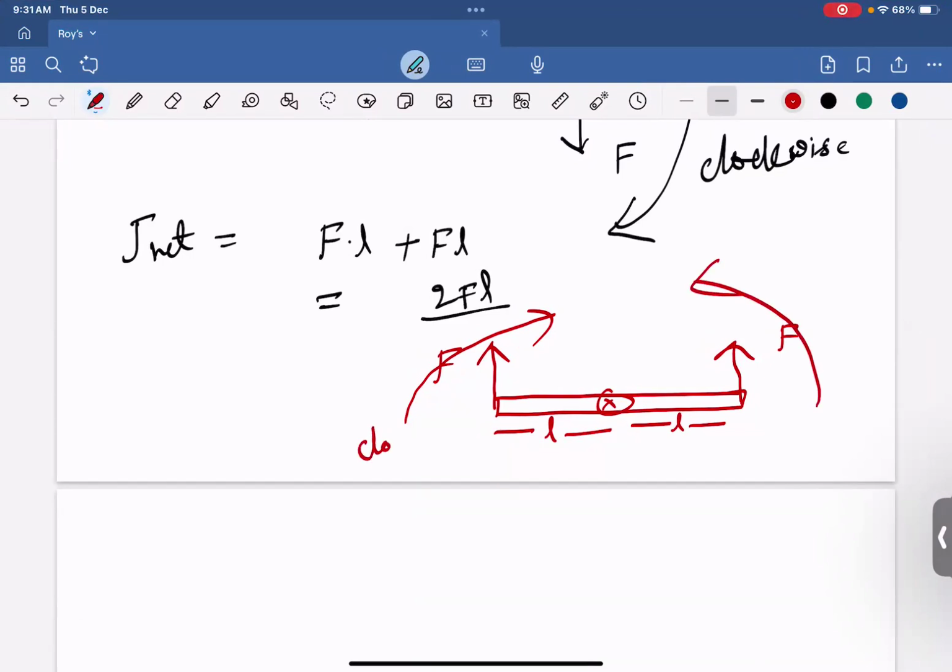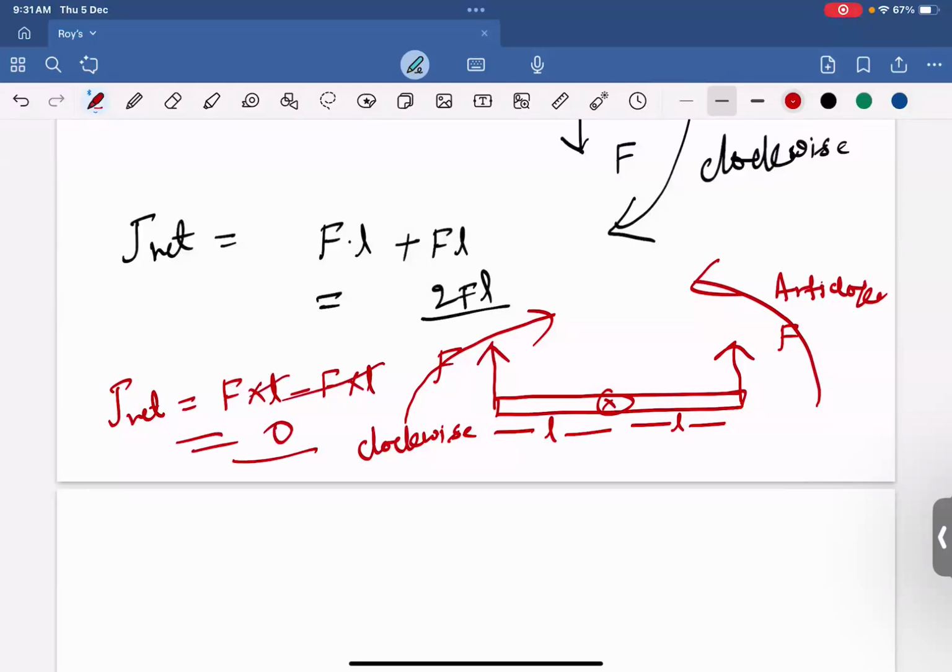So now the torques are opposite. If I take clockwise as positive, anti-clockwise will be negative. They will cancel, that means net torque is zero. So here the body is in equilibrium because net force is also zero and net torque is also zero. Understood? Understood, sir.